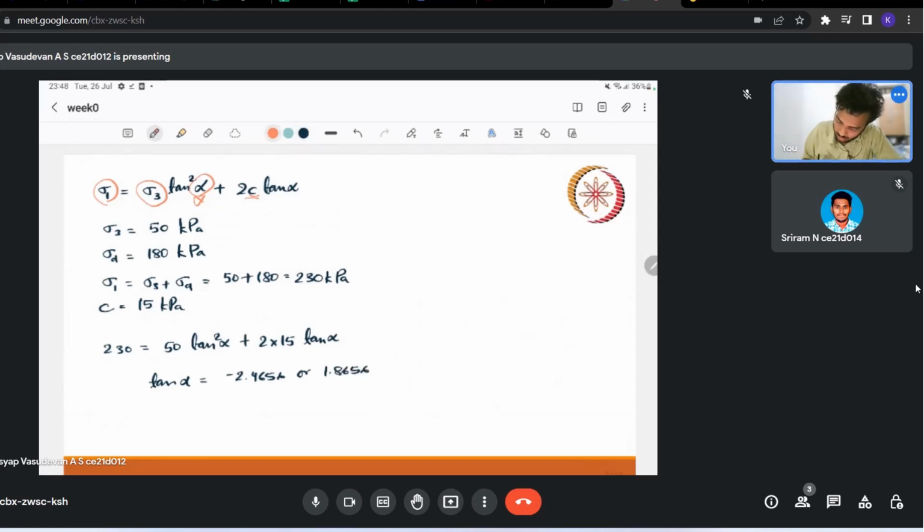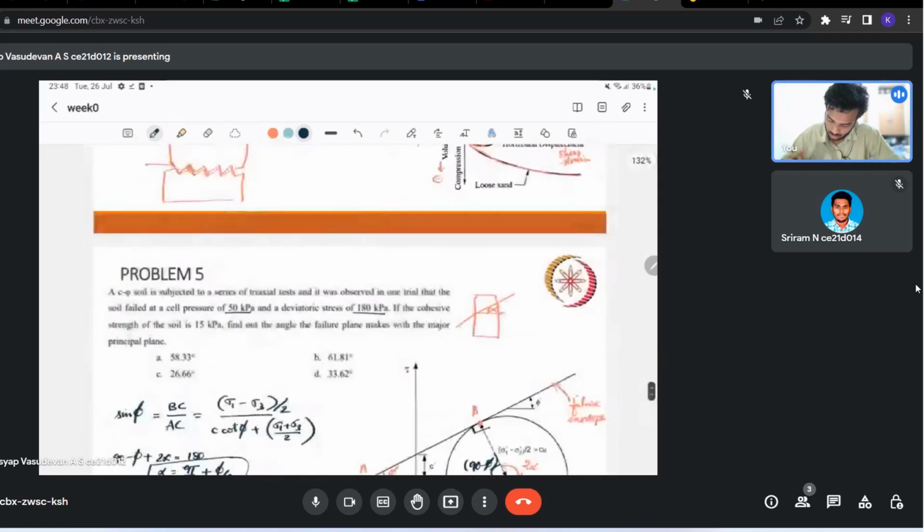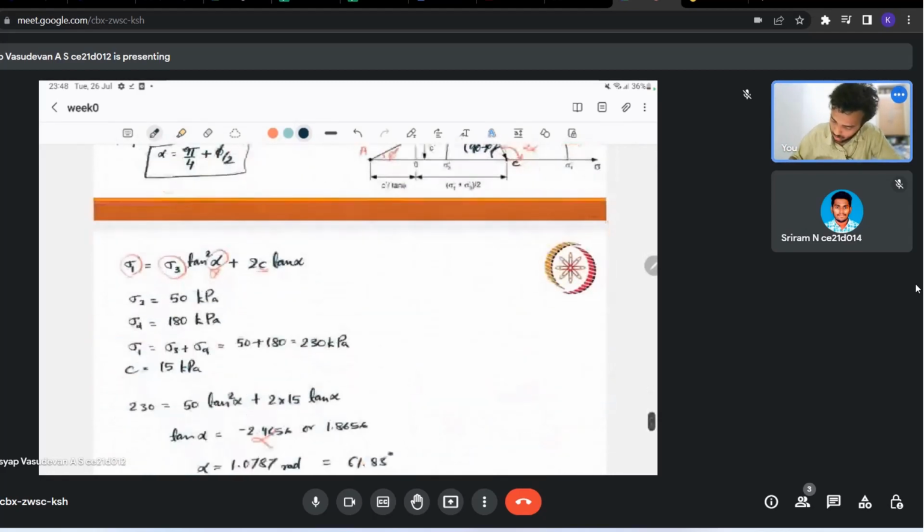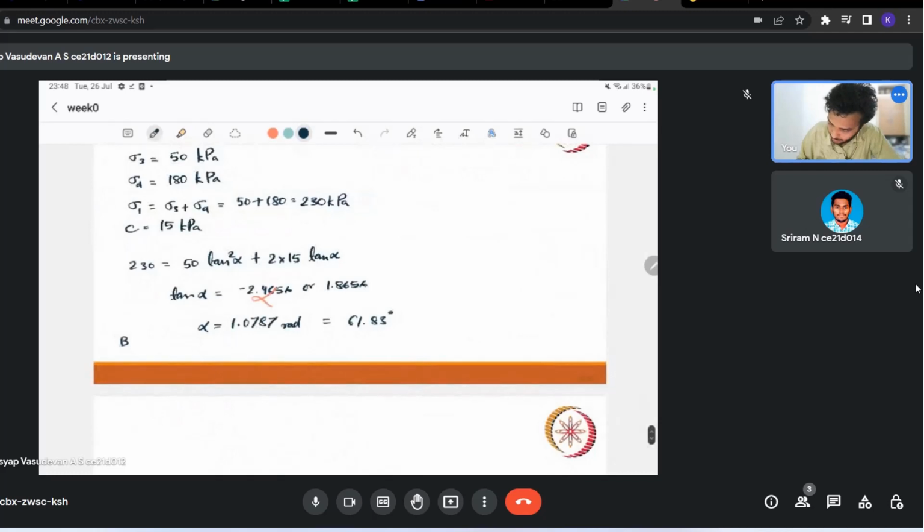Here this we have to neglect because this is negative. And if we take the inverse of tan, we'll get alpha is equal to 1.0787 radians, which is equal to 61.83 degrees. So one of the options is 61.81. So the answer will be B, 61.81.